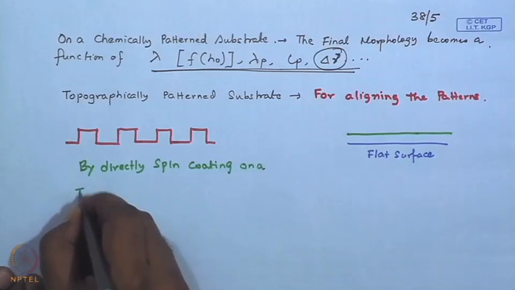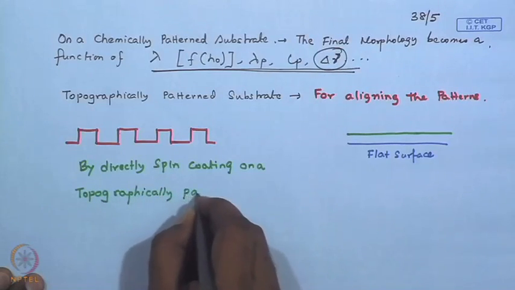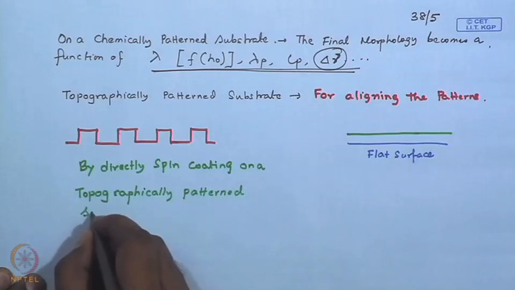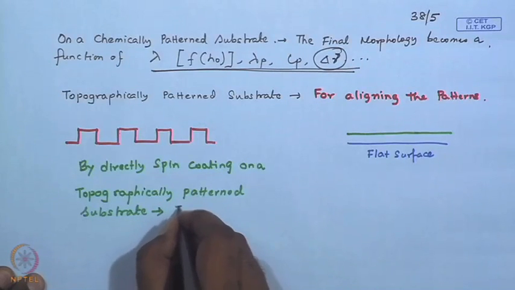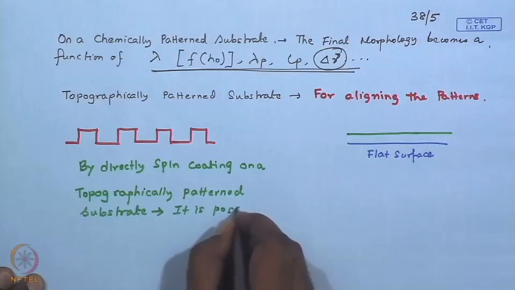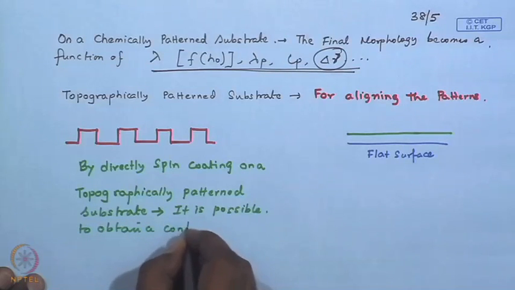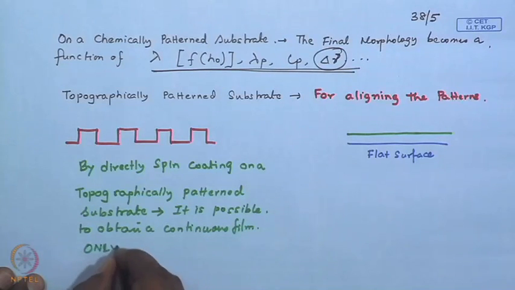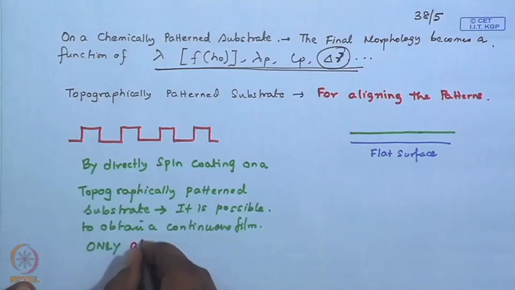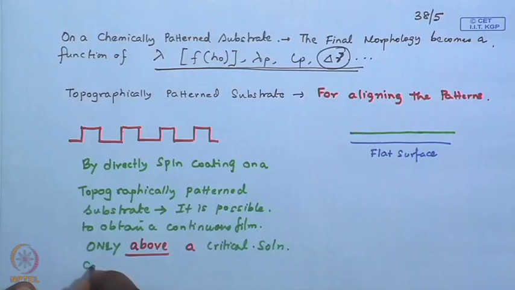on a topographically patterned substrate, it is possible to get a continuous film only above a critical solution concentration.